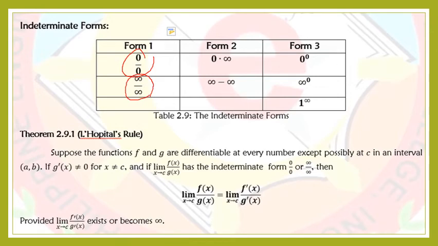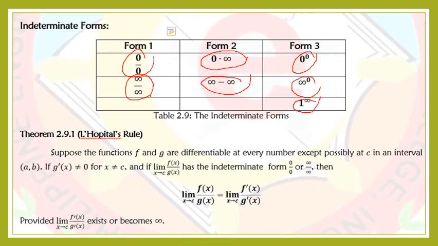Sa form 2 naman, if ang result by direct substitution is 0 times infinity, form 2 yan, or infinity minus infinity, form 2 din yan. And then sa form 3, if ang given natin na function is exponential, so 0 raised to 0, or infinity raised to 0, or 1 raised to the power of infinity, form 3 yan. So, ito yung mga forms ng indeterminate.